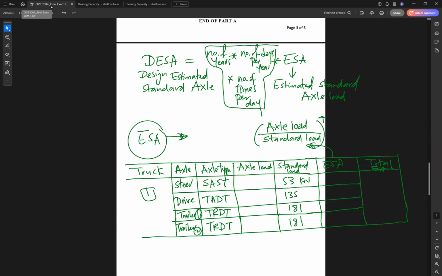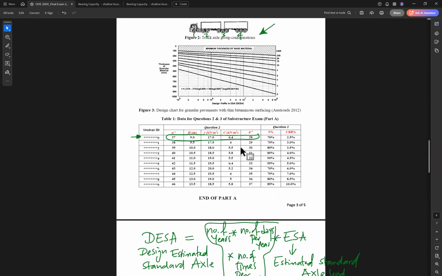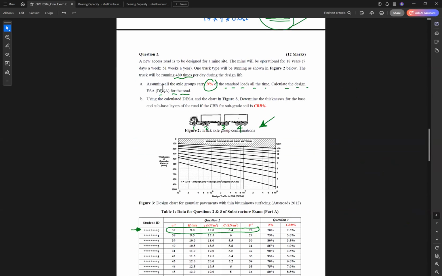Okay, so let's read the given information here. Assuming the axle group carries N percentage of the standard loads all the time. So this N is the number of the axle load. So axle load equals N percentage of the standard load.